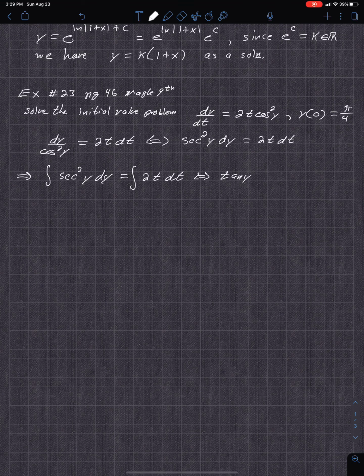All right, so now find c, the arbitrary constant, using the given initial value, or condition, whatever you want to say.